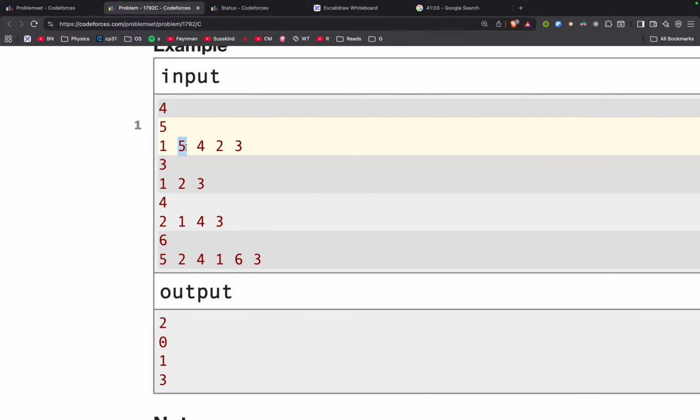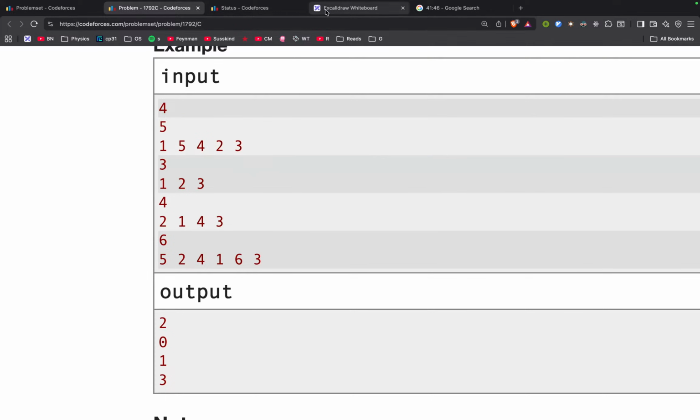That is, 1 should be here, 2 should be here, 3, 4, and so on. So this is messed up. Here the answer is 2. We can use 2 and 4 right now, and then 1 and 5, and that would give us the correct answer. Yes, 2 and 4, and then 1 and 5.